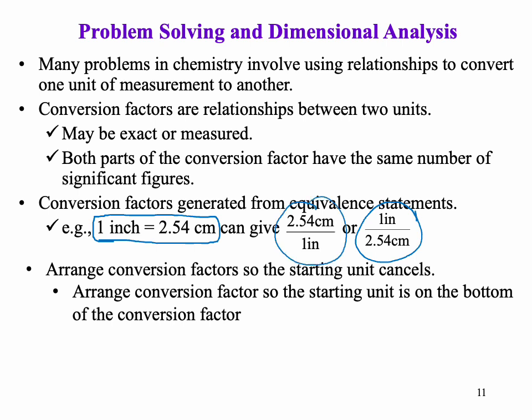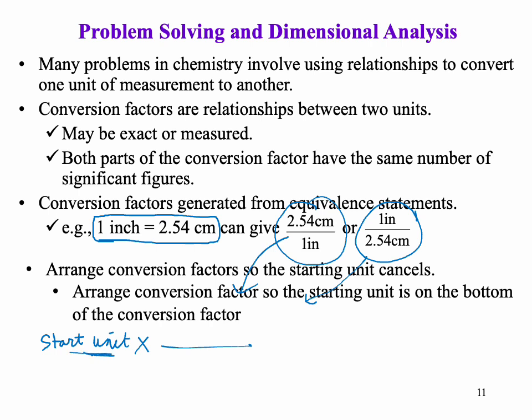How do we solve a question? You pick your starting number. You start with your starting number, whatever unit is given to you, and you multiply it with one of these factors, either this or this. How do I decide which factor to use?